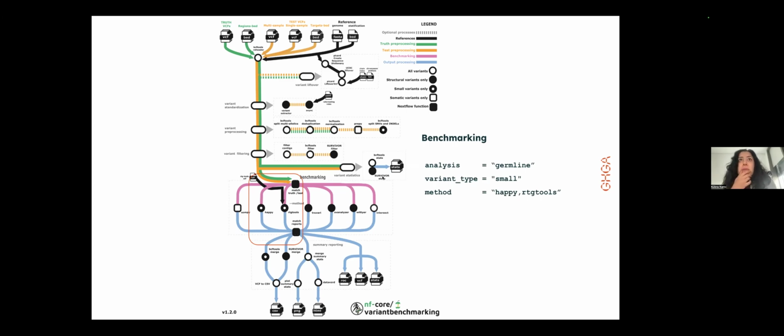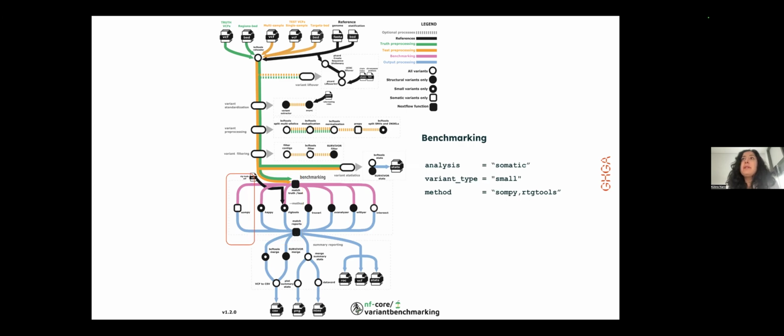Next it comes benchmarking. So as I mentioned, I'm using different methods for different variant types. And sometimes for germline and somatic calling, it also differs. For germline variant calling for small variants, I have HAPPY and RTG tools.